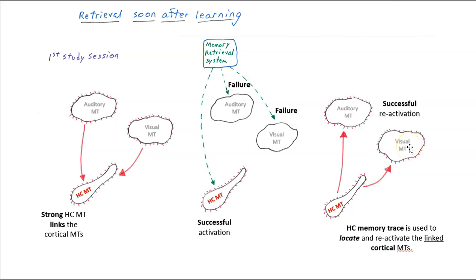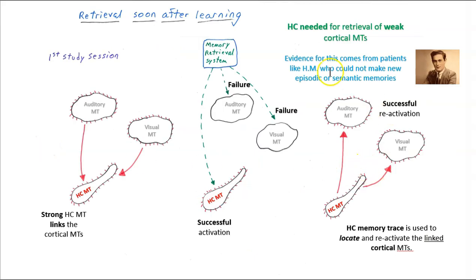In other words, the hippocampal memory trace is being used to locate and reactivate the cortical memory traces, and we need the hippocampus at this time because the cortical memory traces are weak, and our cortical retrieval system would fail to activate the weak ones, so we need the assistance of the strong hippocampal memory trace to reactivate those cortical memory traces.